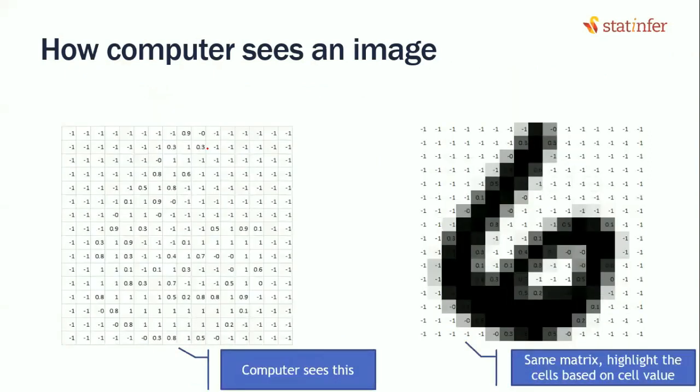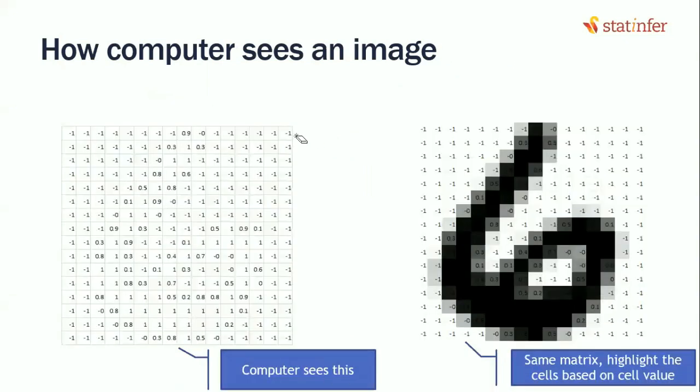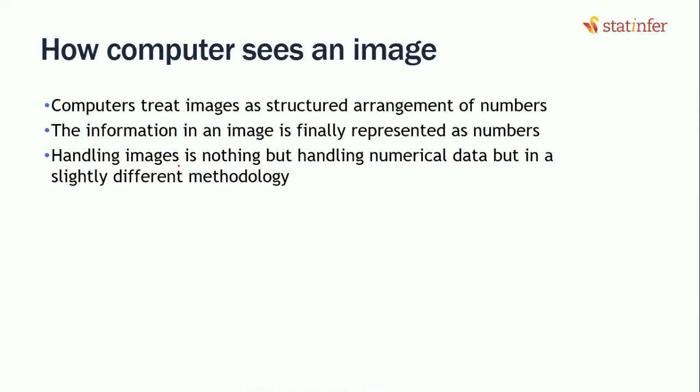However, images are slightly different. We don't see those numbers. If we see those numbers, we cannot really check what this is all about. But if we see the pixel results, then we will be able to make sense out of it. Computers see this, they can still understand it. Humans see this, isn't it? This is human vision. This is computer vision. That is how computers see an image.